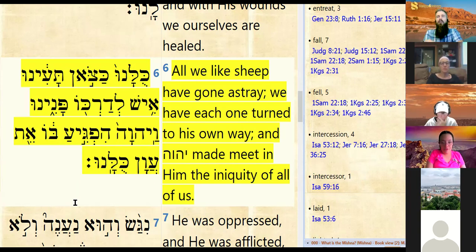Hold on a second. So the king wanted to burn the scroll, and all these guys did the action of Hifgia for the sake of the scroll. And now we see Adonai doing the action of Hifgia for him, striking him, right? But then we get this et avon kulanu.